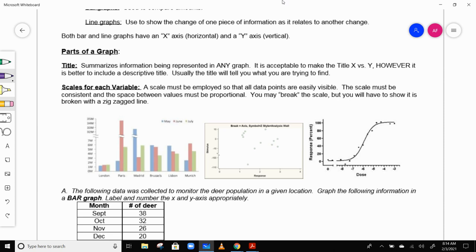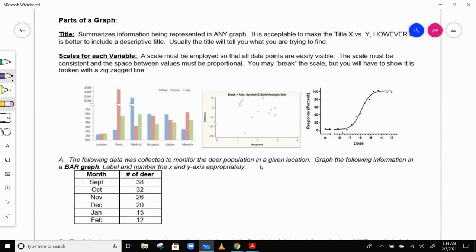I usually will put a title, for example, when we do this one down here, we're going to be looking at the deer population in a given location. So my data, or my table, my title will be something like deer population in wherever it was that we had looked at.